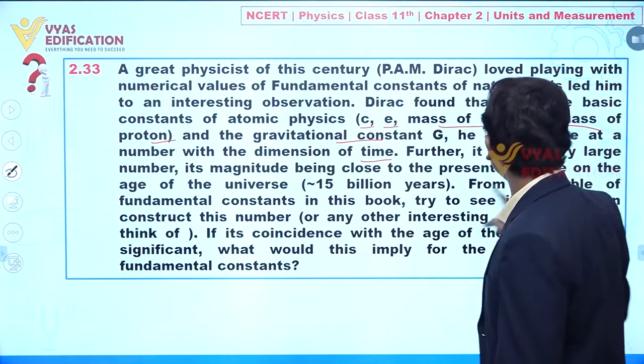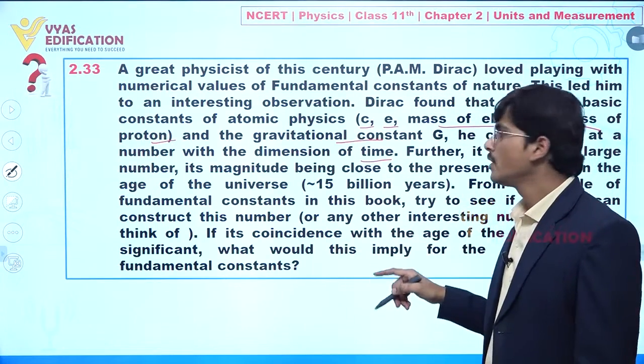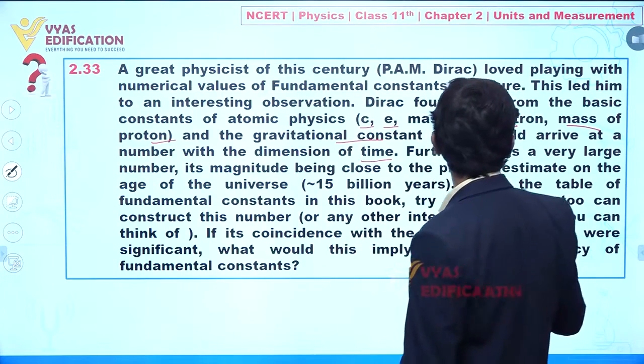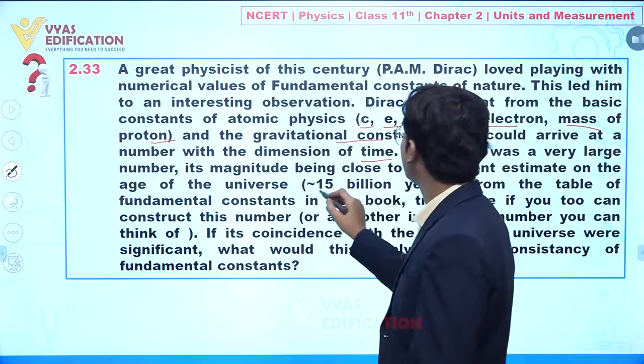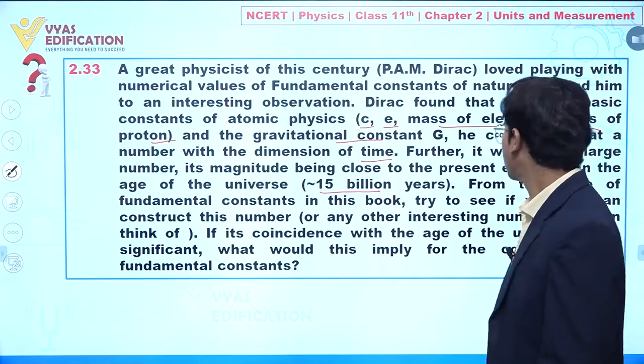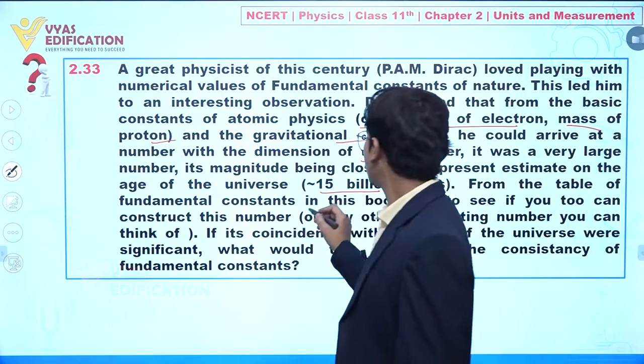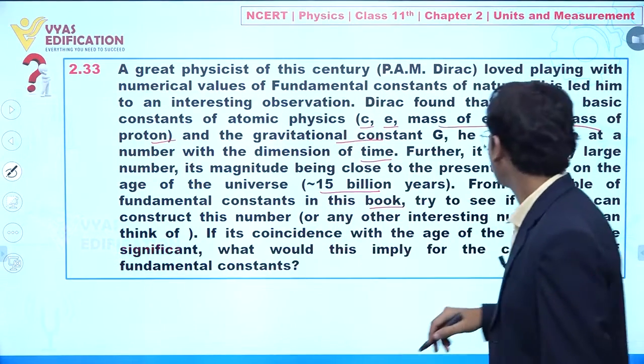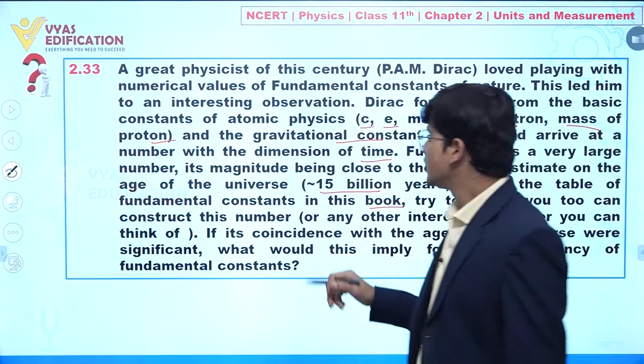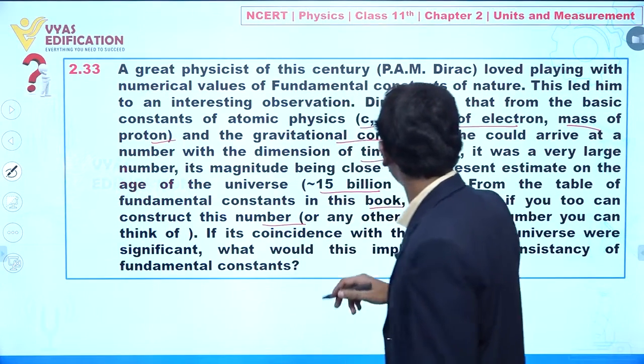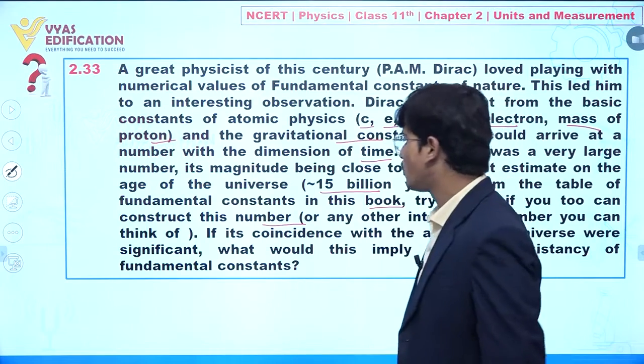Further, it was a very large number, its magnitude being close to the present estimate of the age of the universe, 15 million years. From the table of fundamental constants in your NCERT book, try to see if you can construct this number.